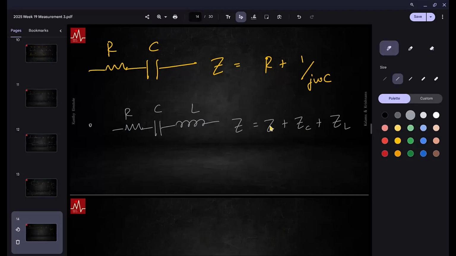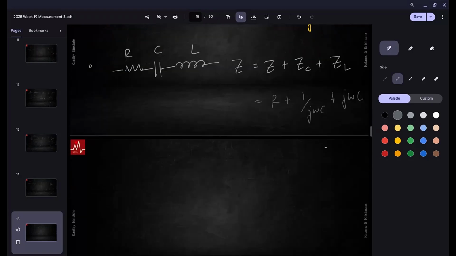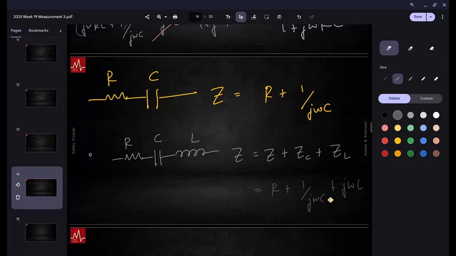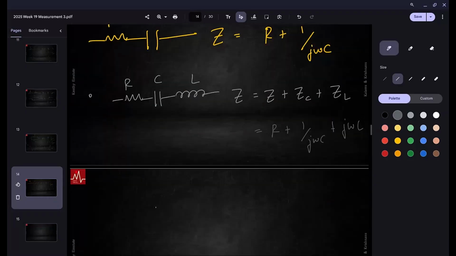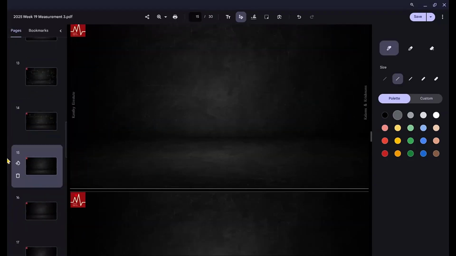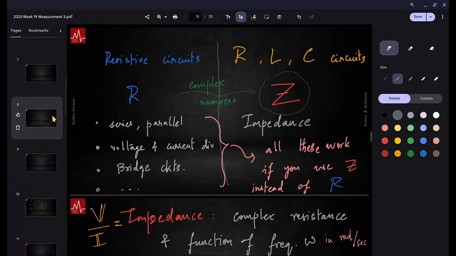Impedances add up. You could further write it down that you could write it this way, but the impedances add up. Okay, now that is one part. That is your impedance.